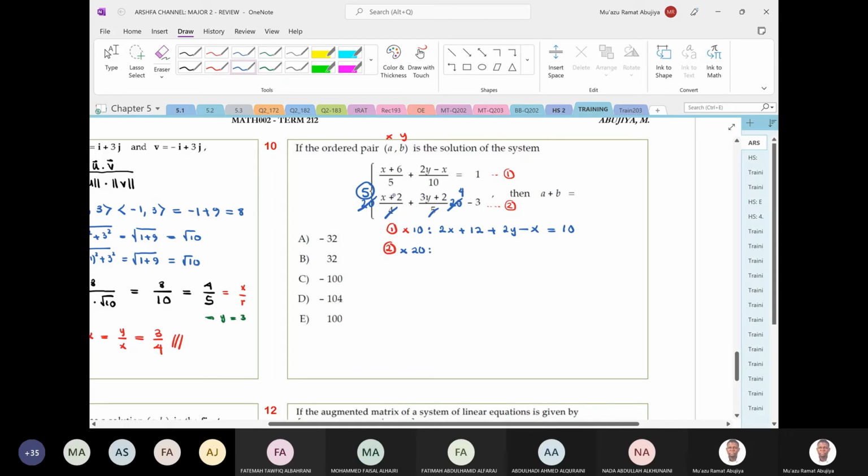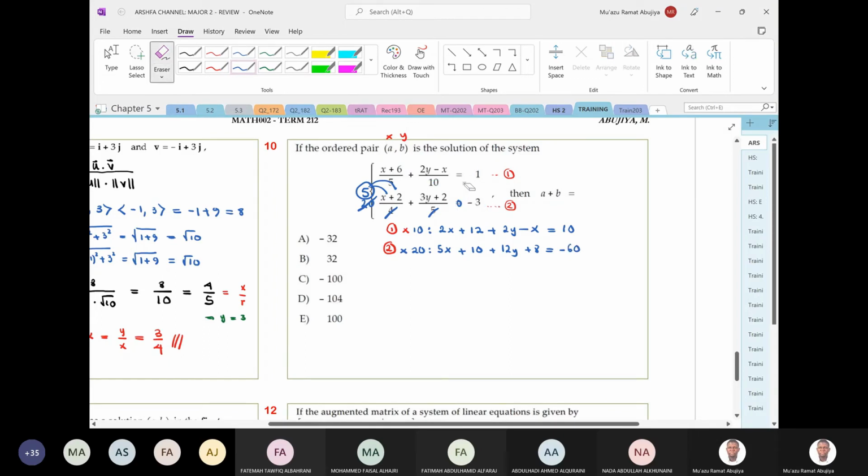So 5 we multiply here, we get 5x. 5 multiplied here, we get plus 10. But then 4 multiplied by this one, we get 12y. And then 4 multiplied by this one, plus 8, equal to, multiply this by 20, we get minus 60.